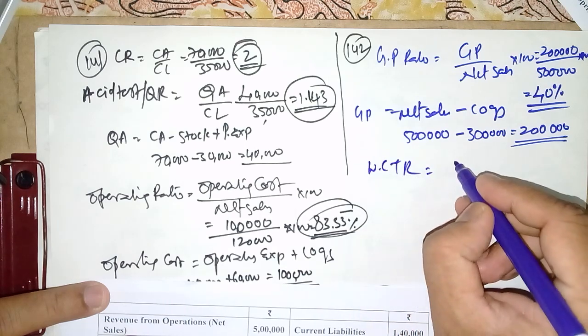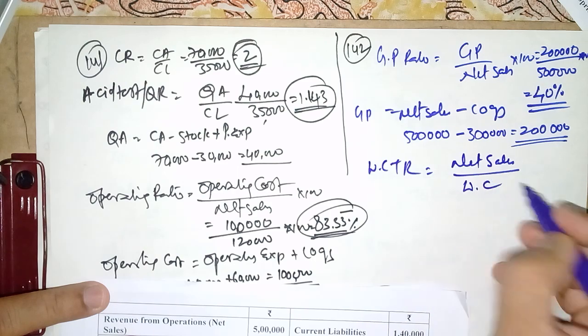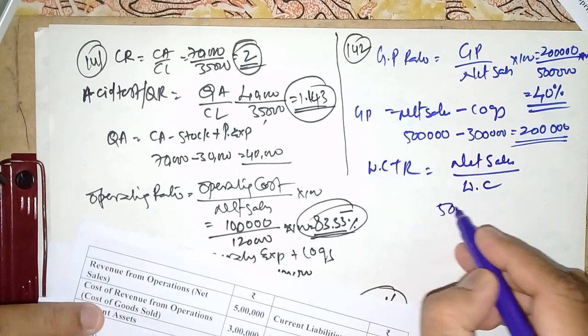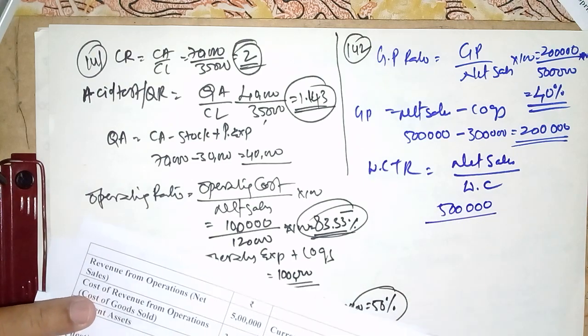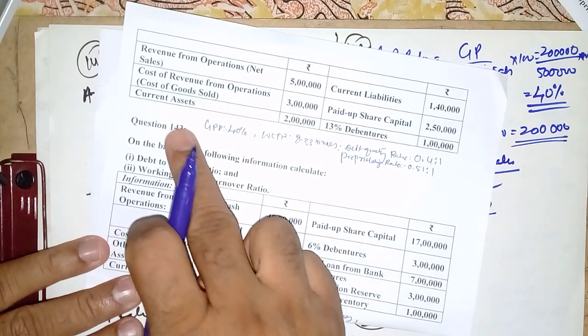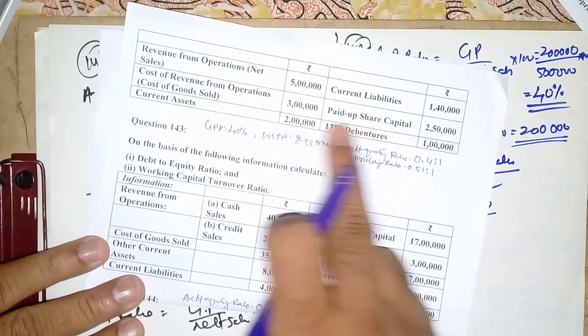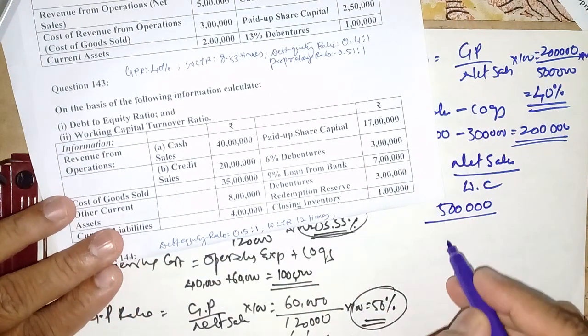The formula is net sales divided by working capital. Net sales is given in the question, that is 5 lakhs. Now we need to know working capital. How to calculate working capital? Working capital is equal to current assets minus current liabilities. Current assets are 2 lakhs minus 1 lakh 40,000, that is equal to 60,000.